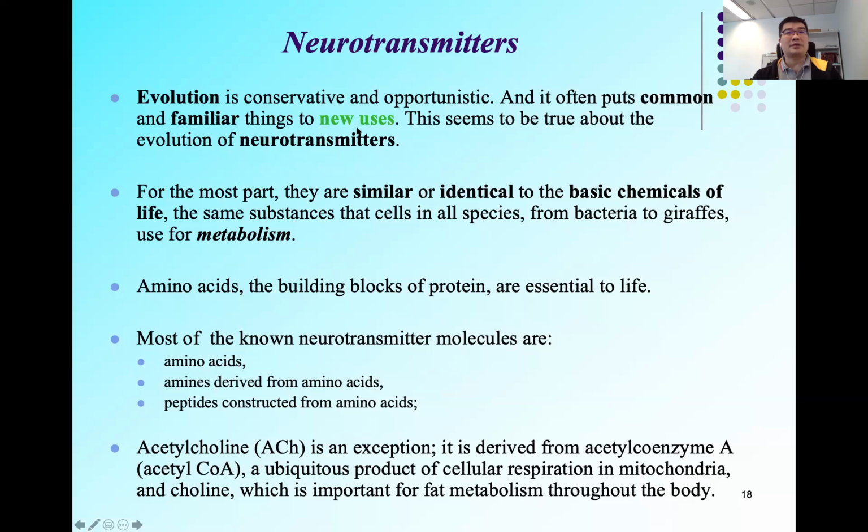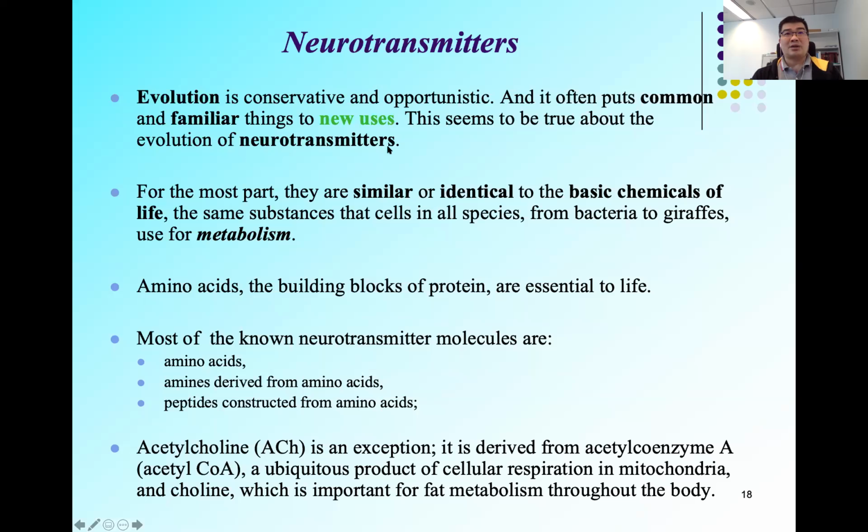So back to neurotransmitters. As neurotransmitters, you can see that evolution selects some of those. As we mentioned, the evolution of the nervous system is because the organism needs to detect environmental changes, and that's how it evolved.